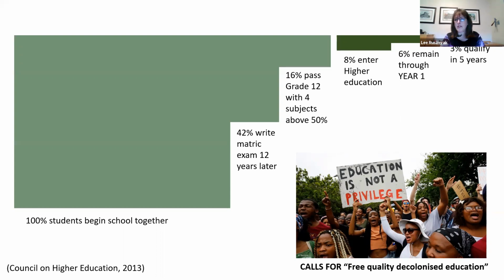There's a big dropout in first year, and the studies from the Council on Higher Education show that by the time that they've been in the system for 5 years, only 3% of those who started grade 1 altogether actually qualify. And so the throughput in our system is really a cause for great concern.